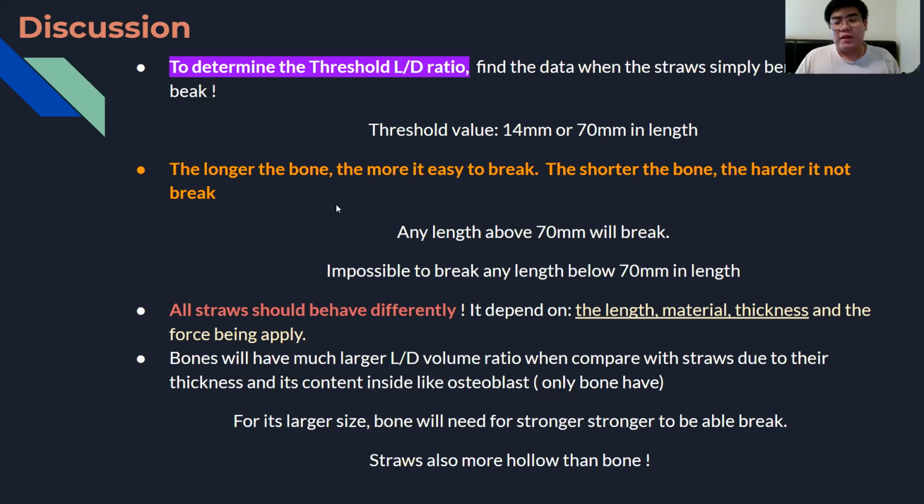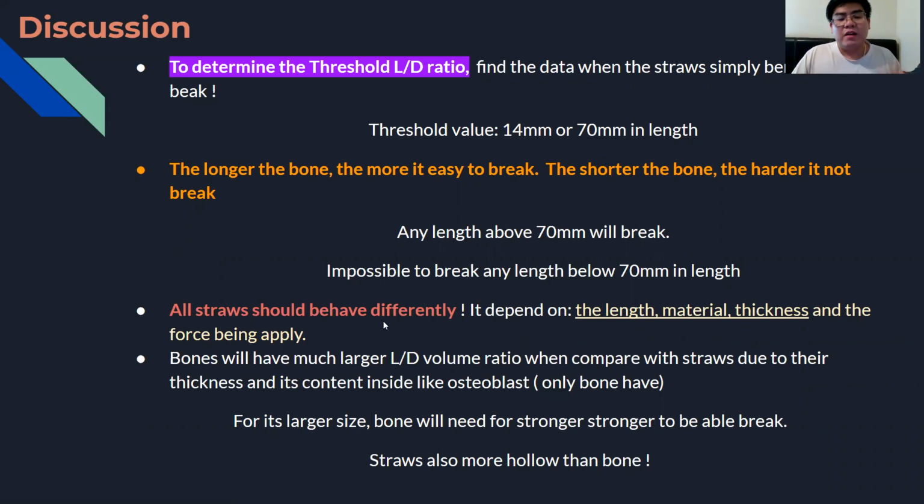From the data I mentioned, the longer the bone, the easier it is to break. At the same time, the shorter the bone, the harder it is to break. Any length above 70 millimeters breaks easily. Any length below 70 millimeters is impossible to break, according to my data.